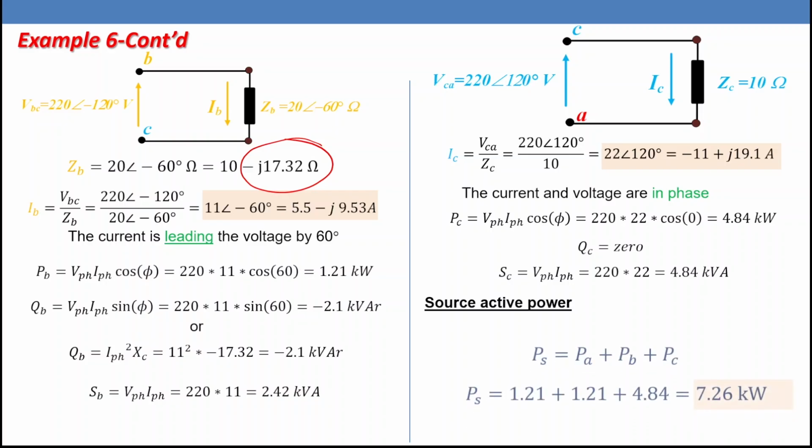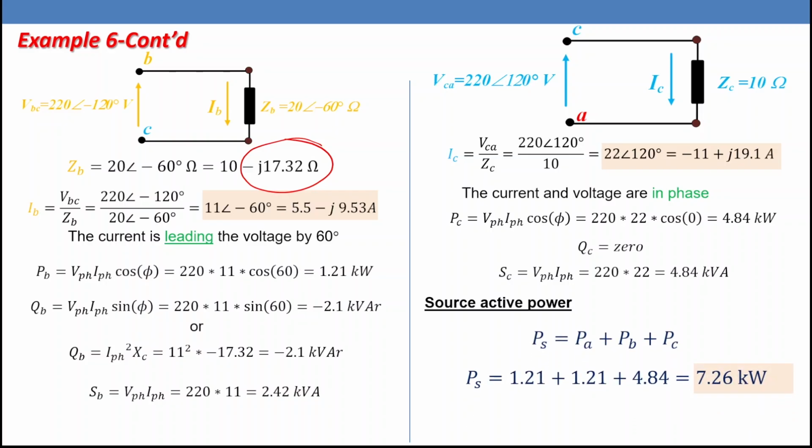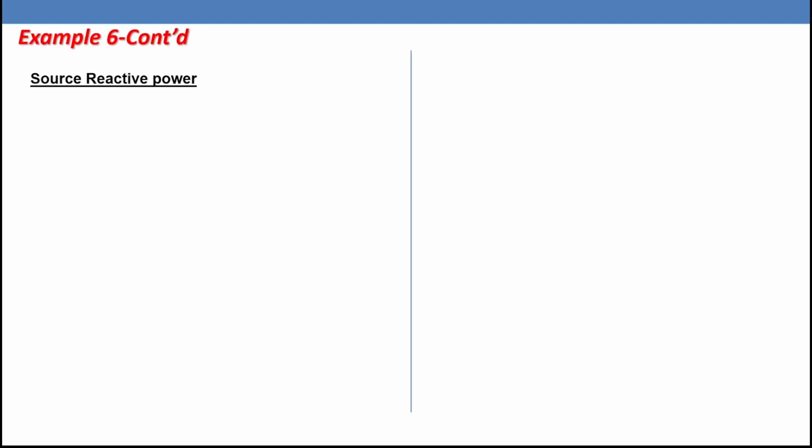So the source power equals power in phase A plus power in phase B plus power in phase C. So PS equals 1.21 plus 1.21 plus 4.84, 7.26 kilowatt. For the source reactive power, we have Q source equals QA plus QB plus QC. So for phase A, we have positive 2.1. For phase B, we have negative 2.1. And definitely phase C equals 0.